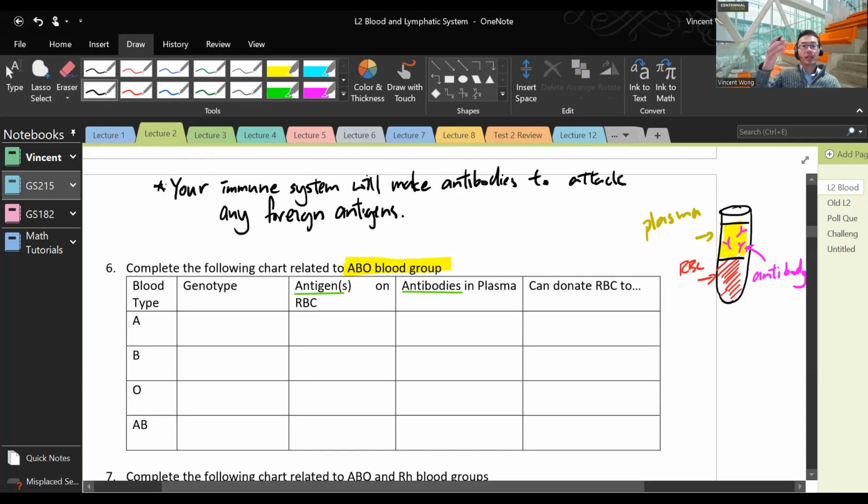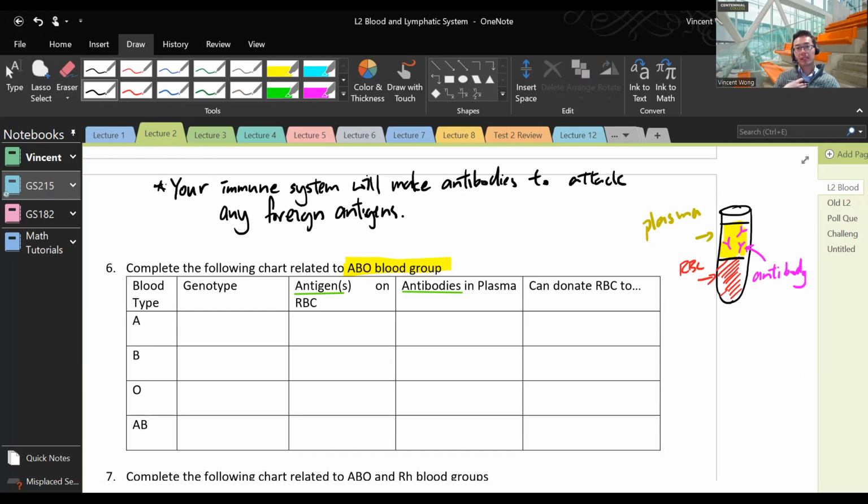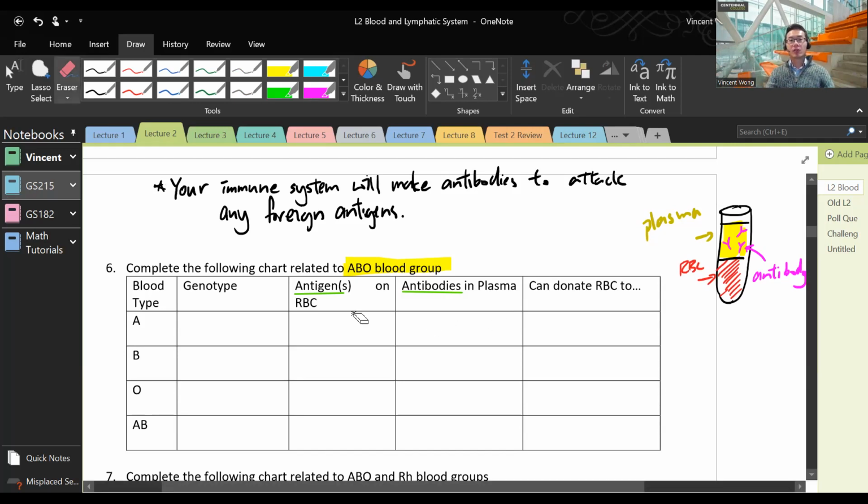So if you have an antigen in your system that doesn't belong there, let's say you take someone's kidney and then it was transplanted into you, then it's full of foreign antigens, right? Then your body will make antibodies to attack that, okay? If you get a virus, you get a bacteria in your system, they are full of foreign antigens, then your immune system will make antibodies to attack them. Okay, that's the key thing to understand here.